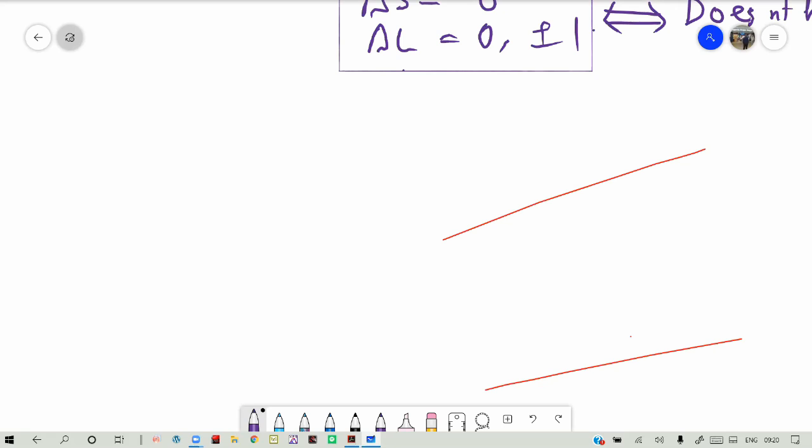Now what happens with the energy levels when there is a splitting because of the perturbation? What will be the separation between those energy levels?